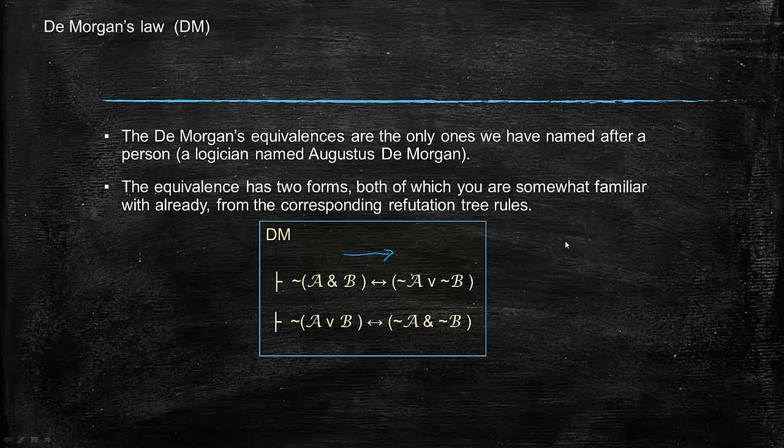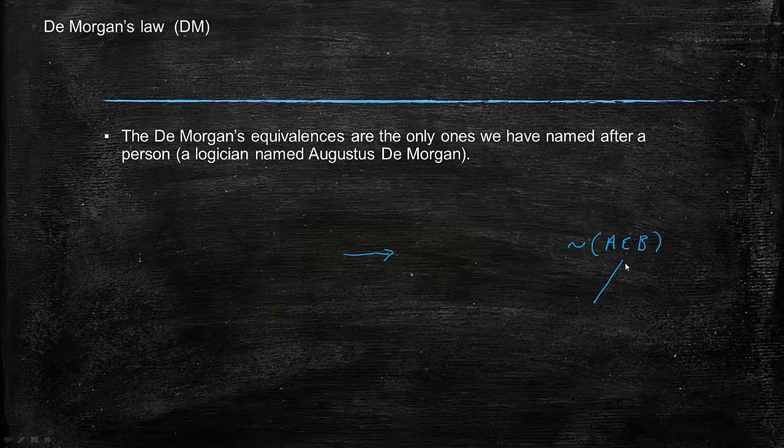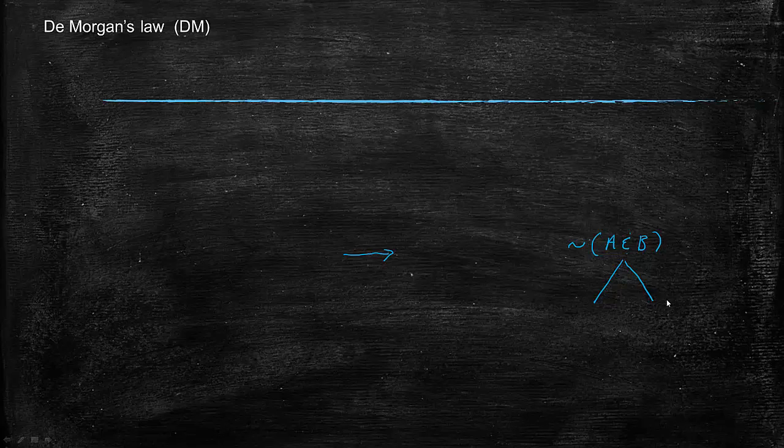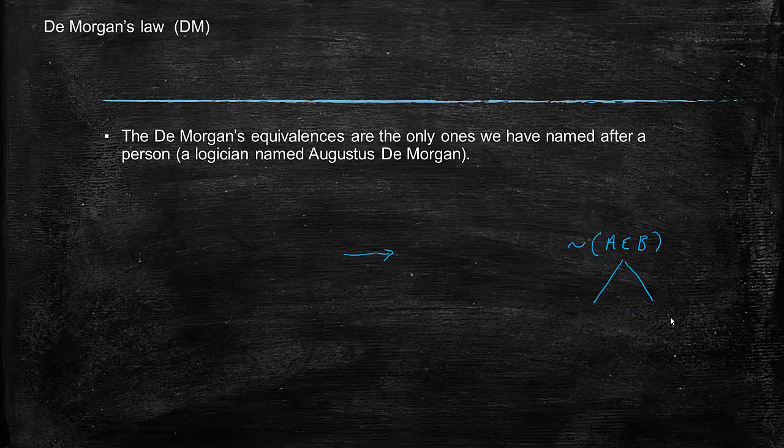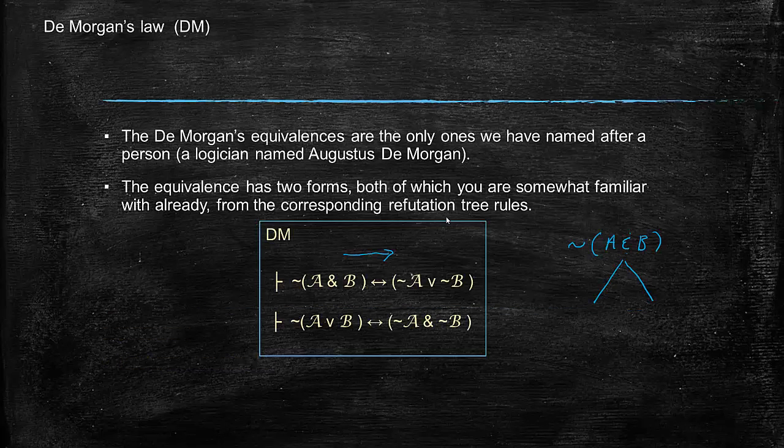So if you think of the first one, what we would do is we would take it's not the case that A and B, and we would apply the negation conjunction rule, and we would get not A or not B, right?